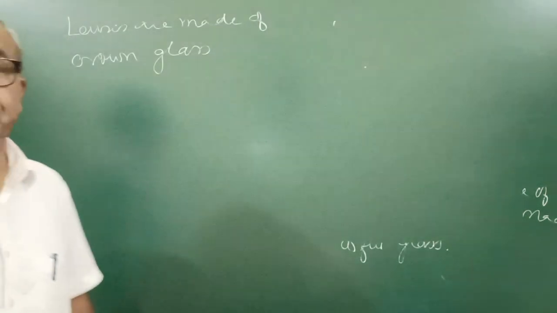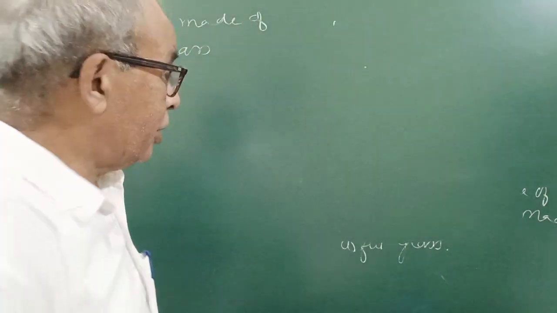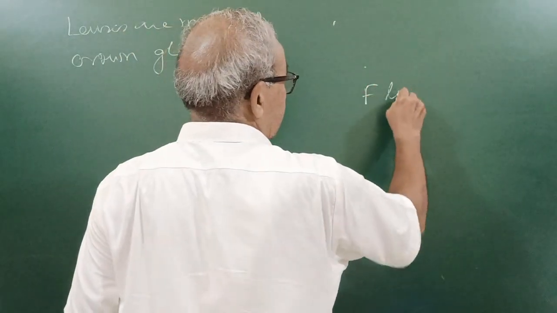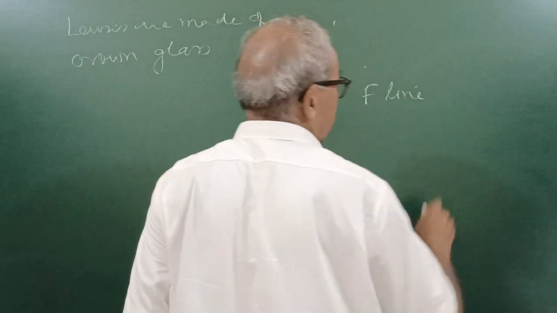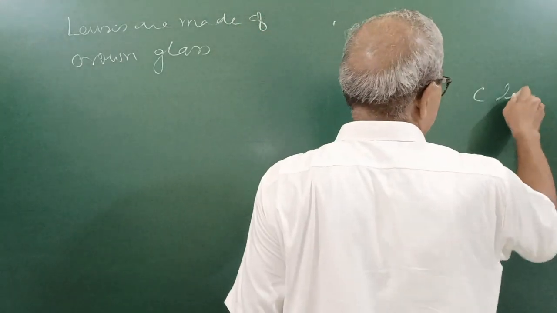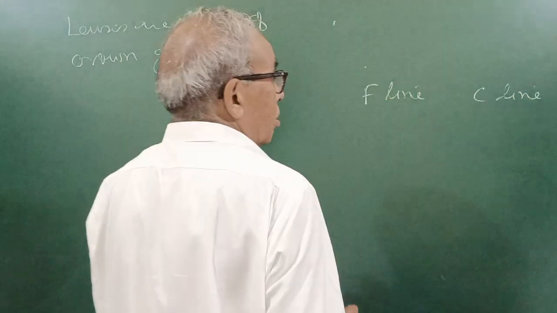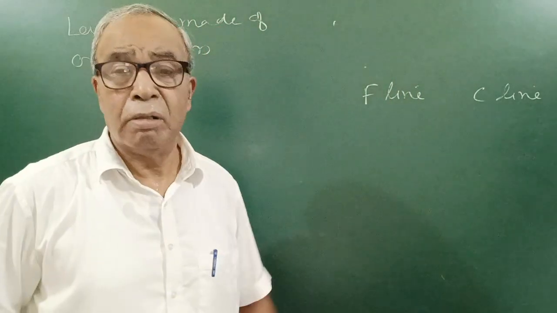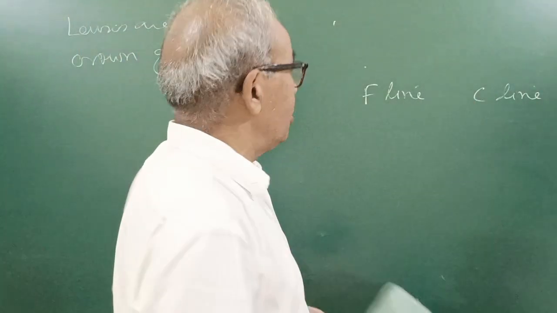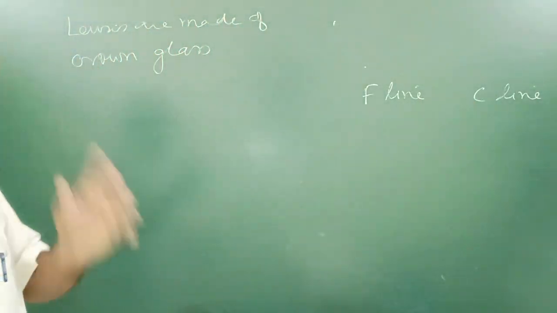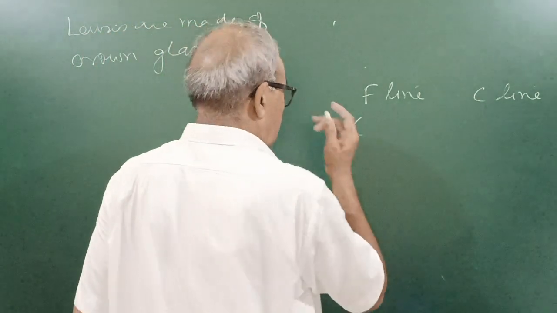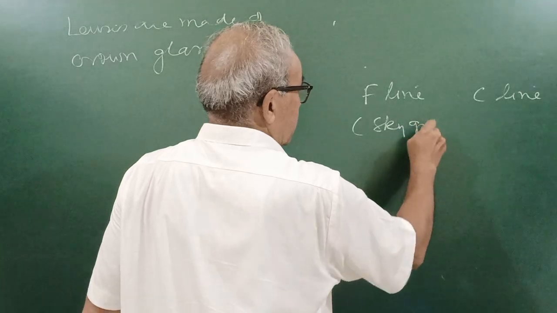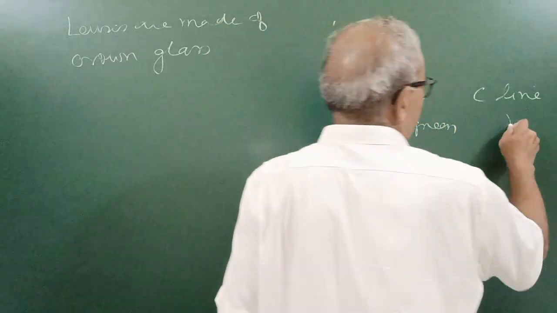Now our eye is most sensitive for the F line and C line of light; our eye is most sensitive to the colors between the F line and C line. F line is for sky green color, and C line is for red color.